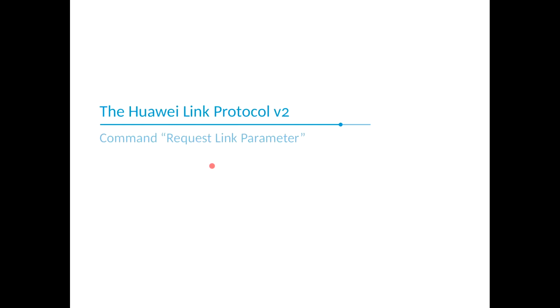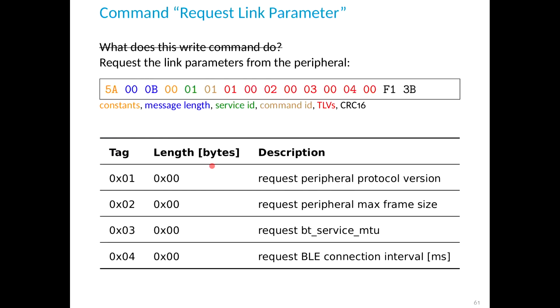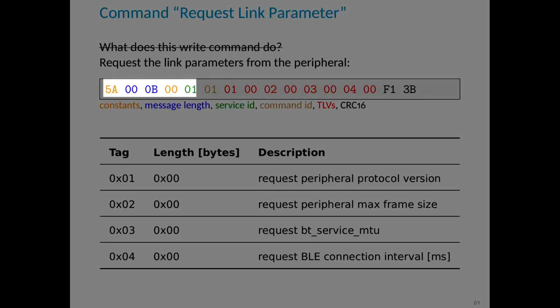So I want to show you how the request link parameter command works. We already saw during the static code analysis that it has to do something with requesting the link parameters. And I already showed you the beginning of a message.